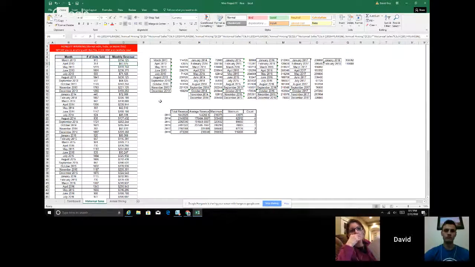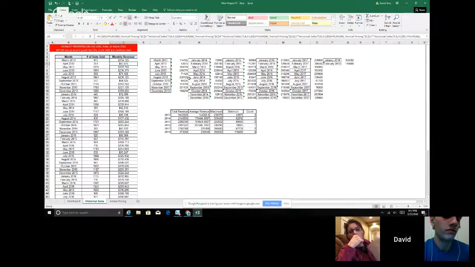Okay. Cool. So did you use nested if statements this time? You did last time. The one down below, number 3. Now the first one was the monthly revenue.